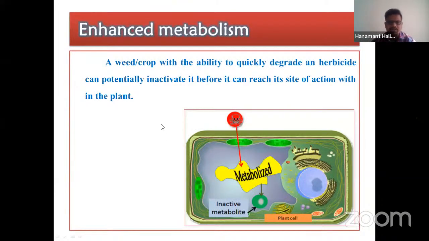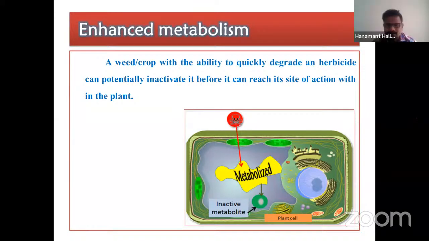The next mechanism is enhanced metabolism. Here, a weed or crop or any plant with the ability to quickly degrade a herbicide can potentially inactivate it before it can reach its site of action within the plant. This is also an interesting mechanism.